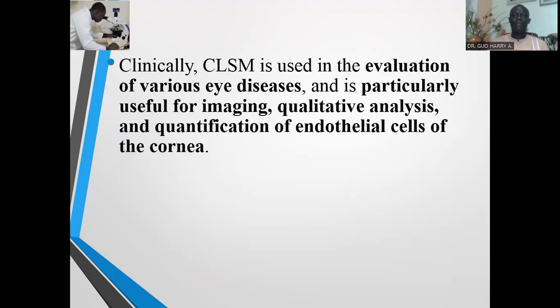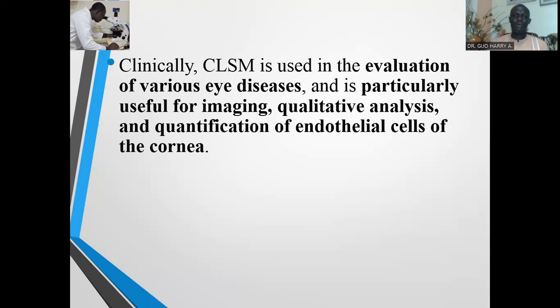Clinically, the confocal laser scanning microscope is used in the evaluation of various eye diseases and is particularly useful for imaging, qualitative analysis, and quantification of endothelial cells of the cornea of the eye. So it's basically used also in the hospitals.